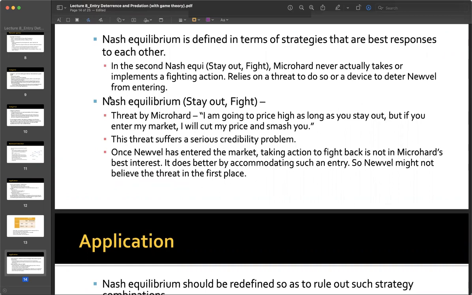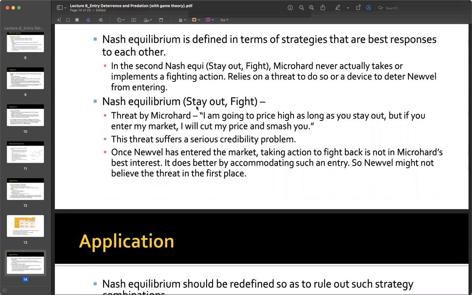So in order for this to be a Nash equilibrium, the entrant, Nouvel, must believe the incumbent will fight. But once you get to that node, fighting is not in MicroHard's interest, so to believe that he will fight if you go in is an incorrect assumption, because it is not credible.